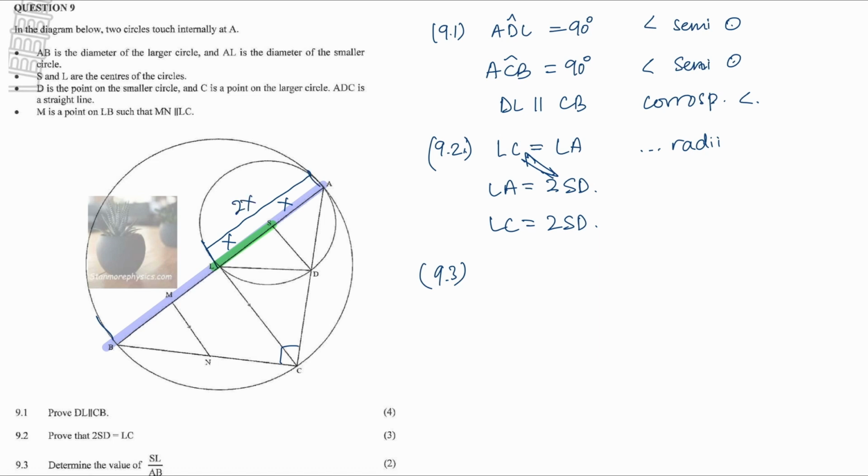That means that LB is also going to be 2x. That means the diameter AB is going to be 4x. So SL over AB is going to be x over 4x, which then simplifies to 1 over 4.